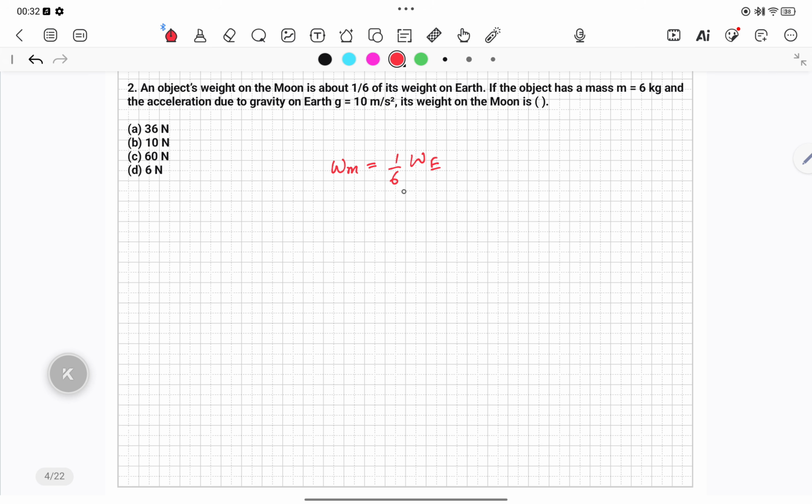And we know that weight on Earth is m times g, where m is mass and g is acceleration due to gravity. Here mass is given as 6 and acceleration is given as 10. So after solving this, we will get 10 Newton. So option B is correct.